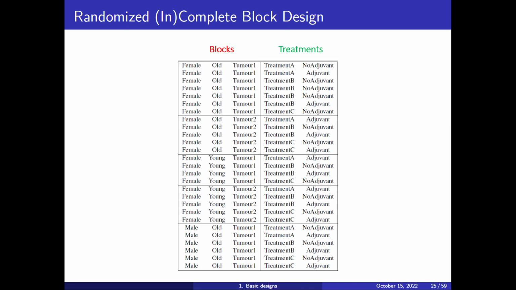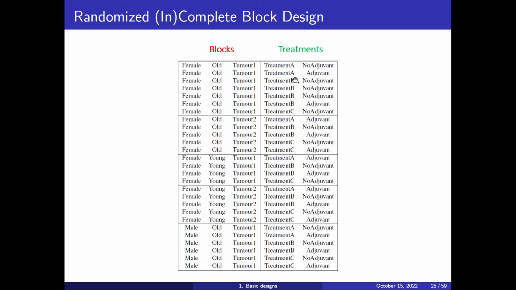And at the end, your experiment should look like this. Remember that we were saying in the first lecture that you always have to randomize. So your designs should look like homogeneous blocks. For instance, here was an experiment in which we were studying the effect of 3 treatments, and each treatment could be given with an adjuvant or not.